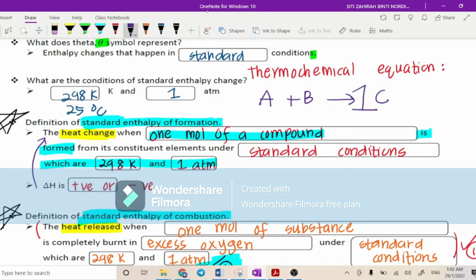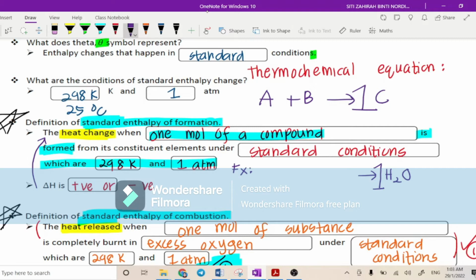So everything that you need to balance or you need to change the mole, it should happen only in the reactant. For example, let's say that we have the balanced equation to form the water. So I'm going to write the thermochemical equation for the standard enthalpy of formation of water. So the heat change when 1 mole of a compound, which is the water, is formed from its constituent elements.